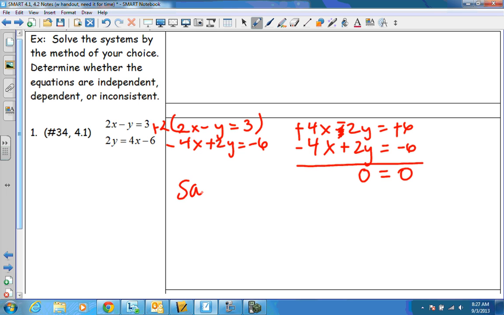So they're dependent. If they're the same line, think about this: how many times are they going to intersect? The whole time. An infinite amount of times, right? So this is dependent. They depend on each other.